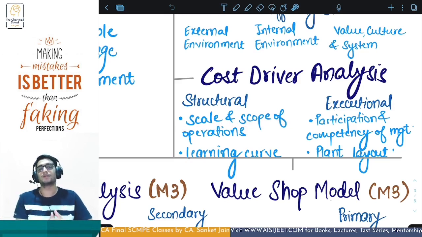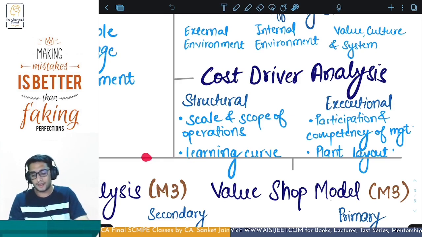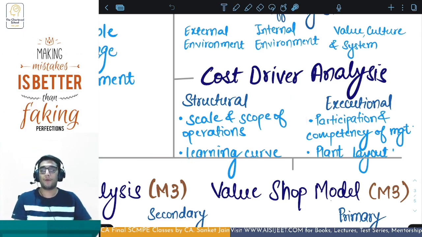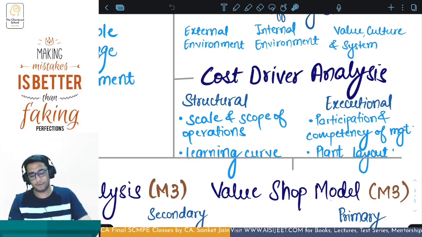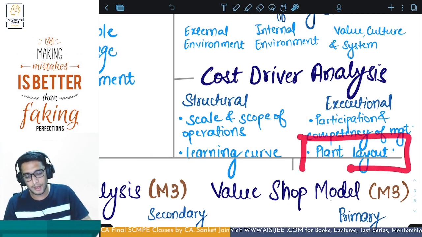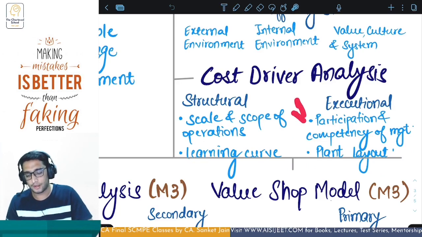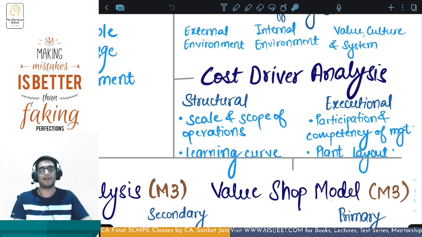How big is the scale of operations that you work under? And then there is the learning curve, which affects your cost, of course. Executional cost drivers relate to the operations of the organization, and are therefore related to the plant layout. The efficiency depends on the plant layout and the participation and competency of workforce and management.